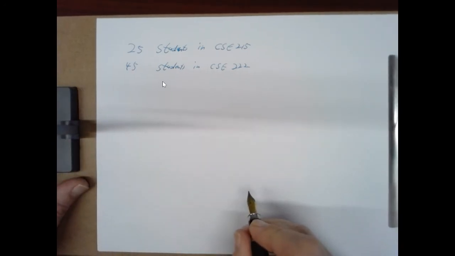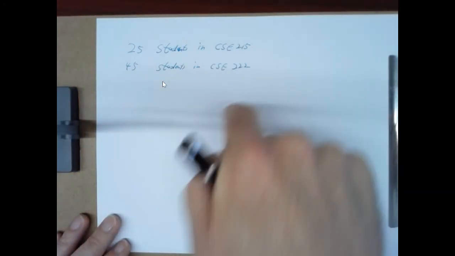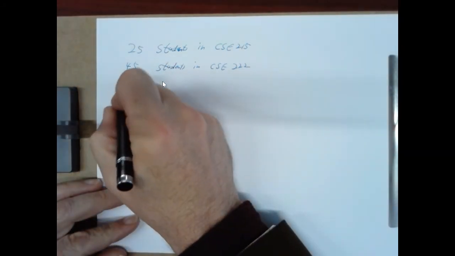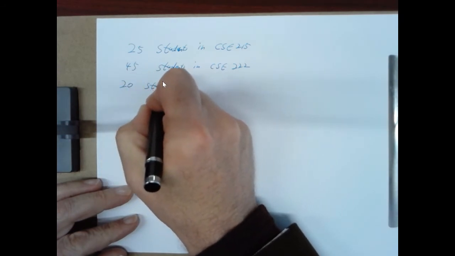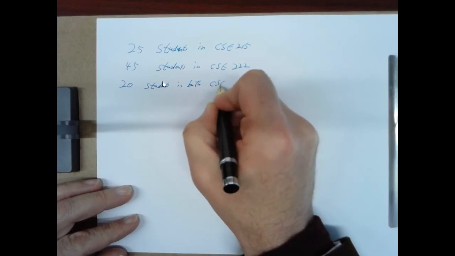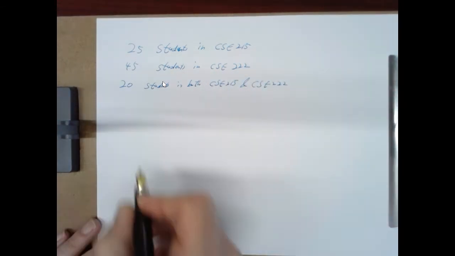So how many computer science students are there in the program right now at Clark? Well, it's not just 45 plus 25, right? Because most of the people who are taking 215 are also taking 222. So we need to know what the overlap is. So let's say 20 students in both CSE 215 and CSE 222.